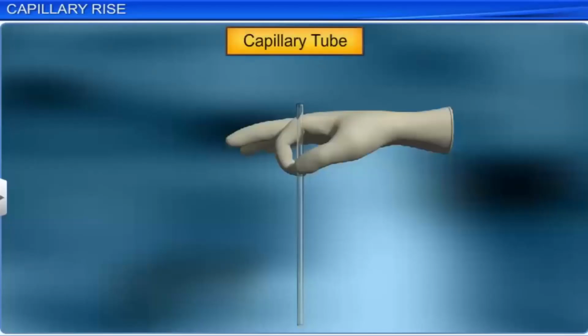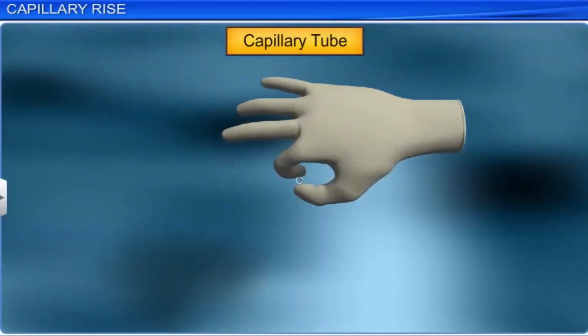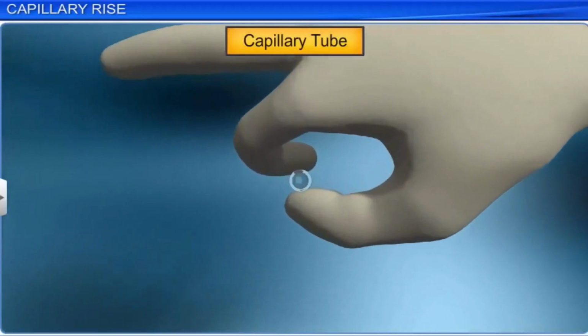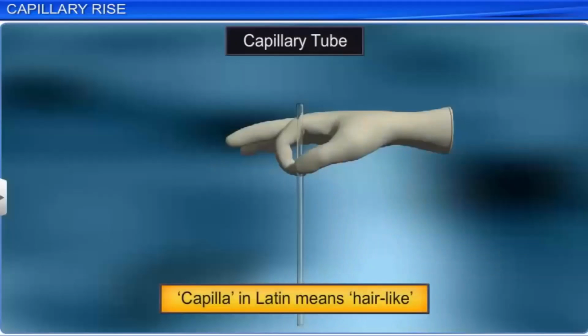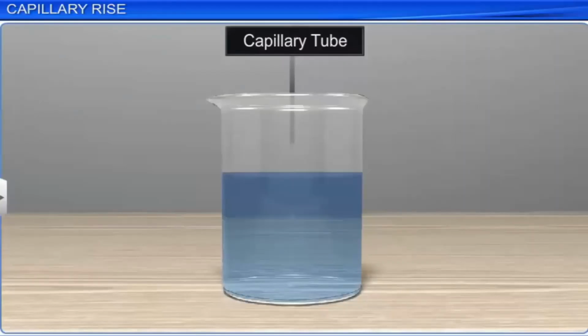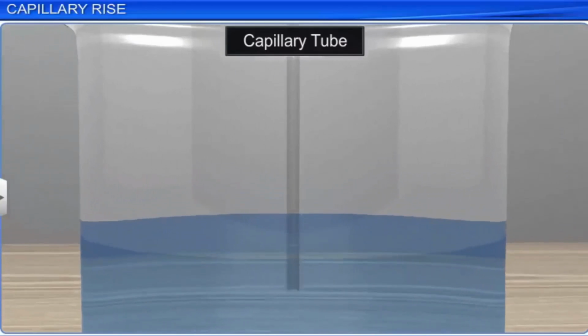Consider a capillary tube, that is, a hollow tube with a very narrow bore. The word capilla is Latin and means hair-like. When you dip this capillary tube in a liquid, the liquid rises or falls in the tube. This rise or fall of a liquid in a capillary tube is called capillary action or capillarity.